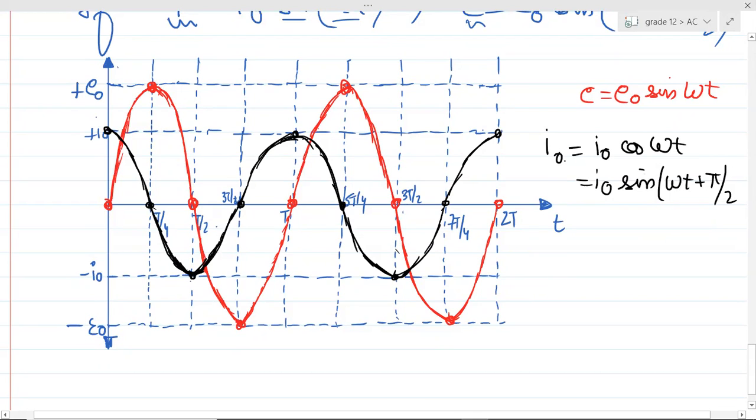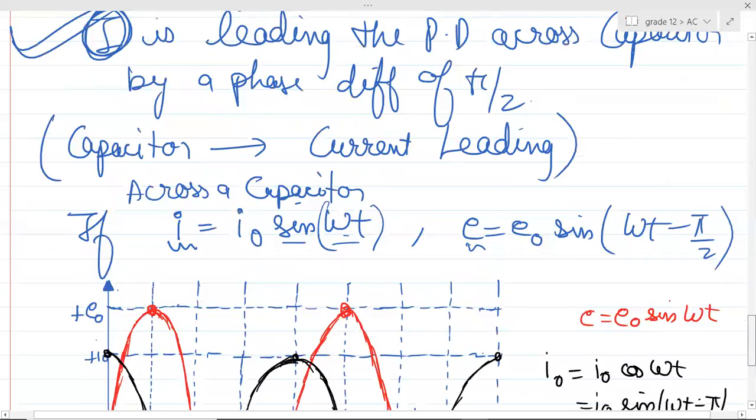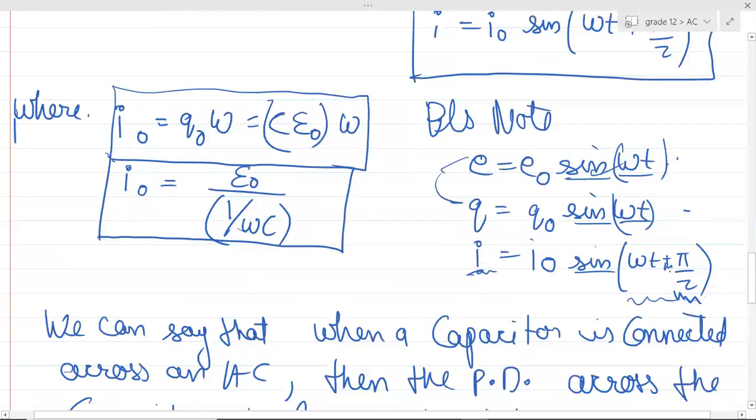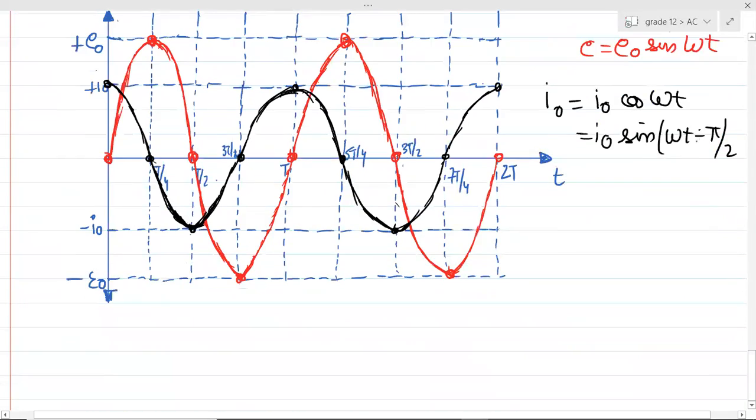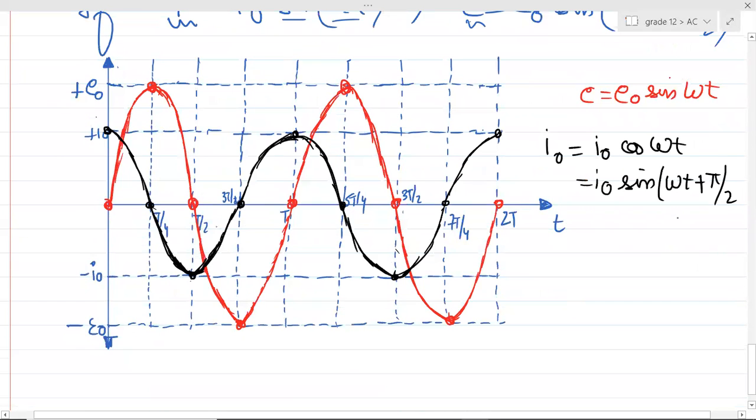Omega t plus pi by 2. Current is leading by pi by 2, no? Yes or no? Another, current was leading by pi by 2. Where does the plus go? I just made it, plus pi by 2. Okay.